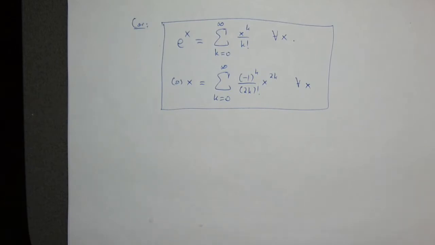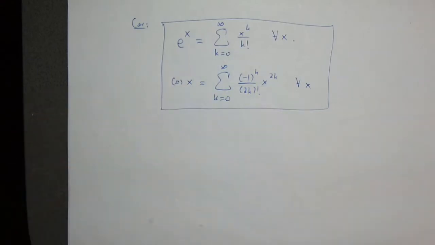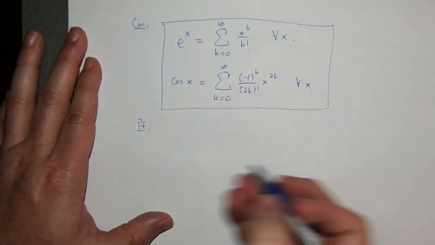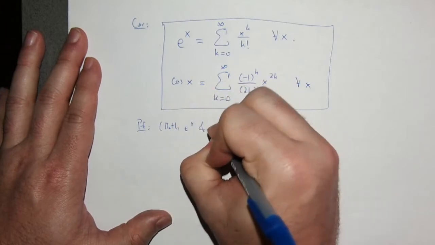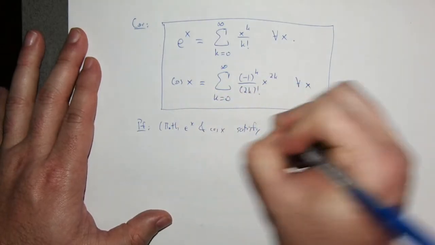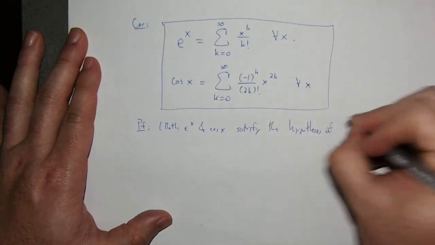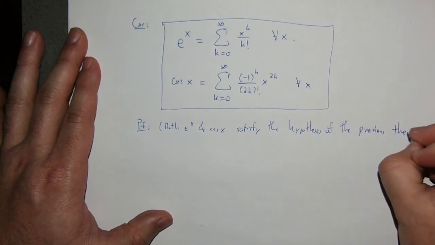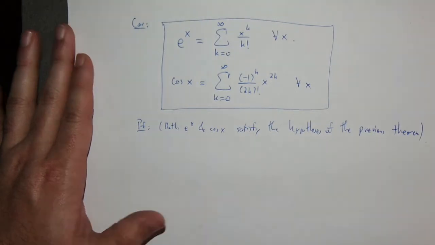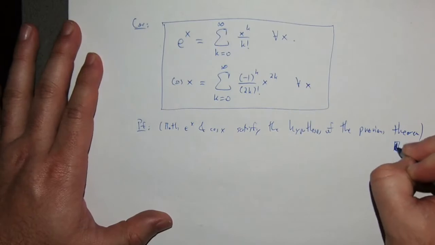So this is a corollary of that previous theorem because e to the x and cosine x both directly satisfy the hypotheses of that theorem. Okay, so that's it.